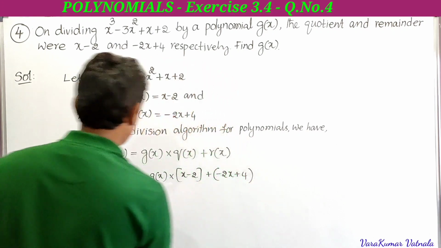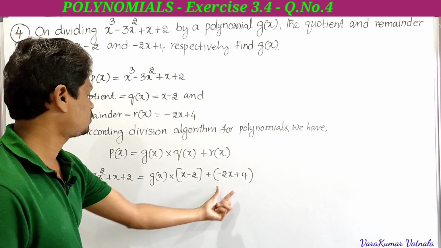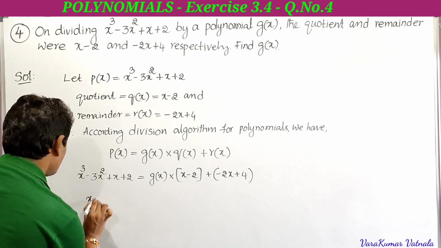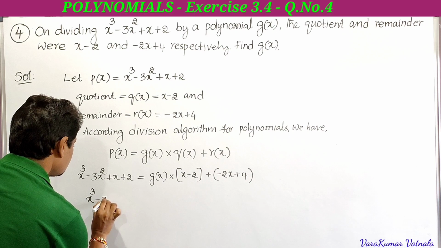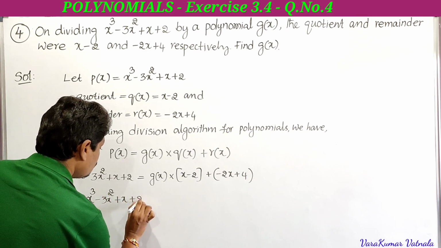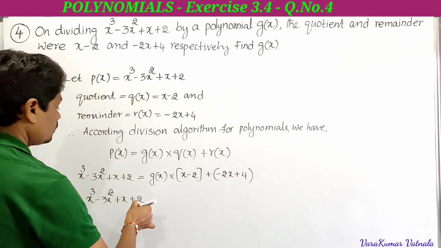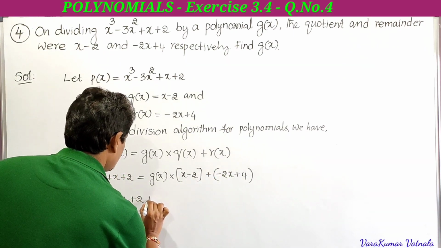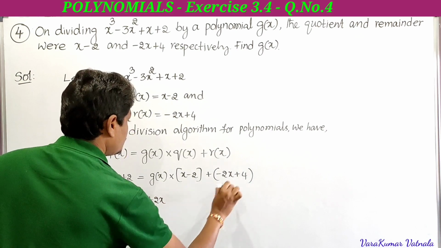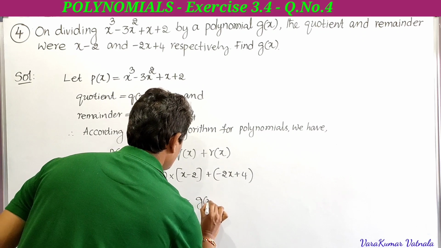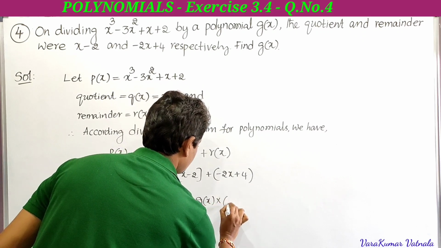Now by simplifying, take this term to the left side. Here already we have x cube minus 3x square plus x plus 2. Minus 2x becomes plus 2x and plus 4 becomes minus 4, is equal to g of x into x minus 2.